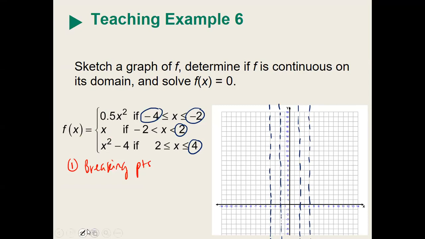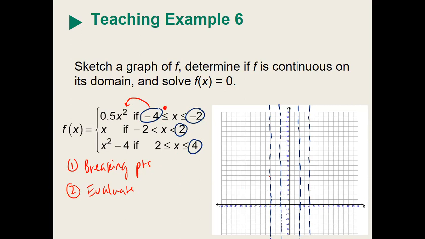Okay. Step 2, we're going to evaluate. You evaluate each function between the breaking points. So between -4 and -2 is this piece. If I substitute -4 in, what's -4 squared? 16. What's half of 16? 8. So at -4, I'm going to have a closed circle because my gator is full.